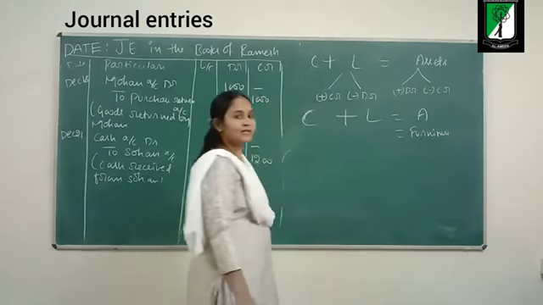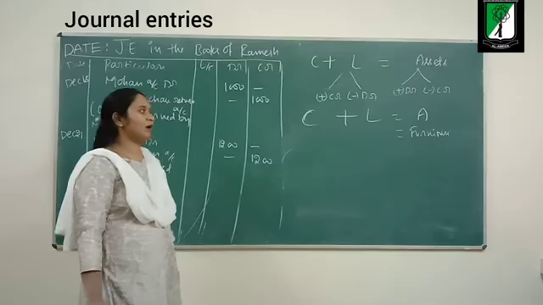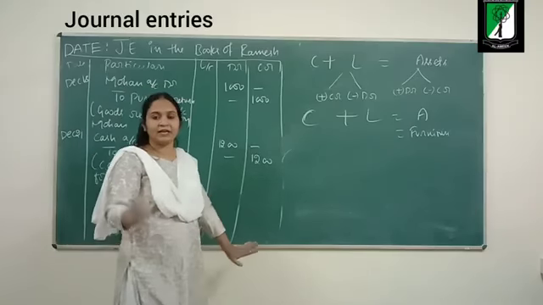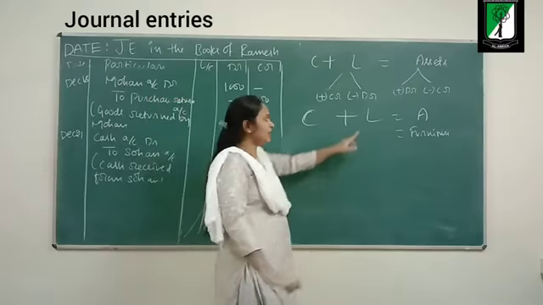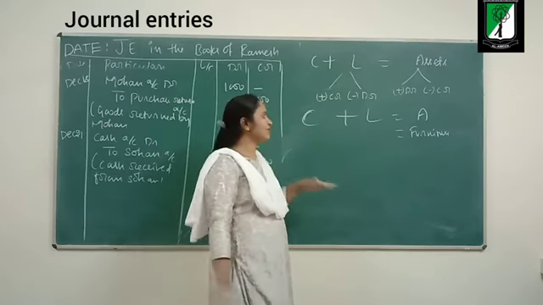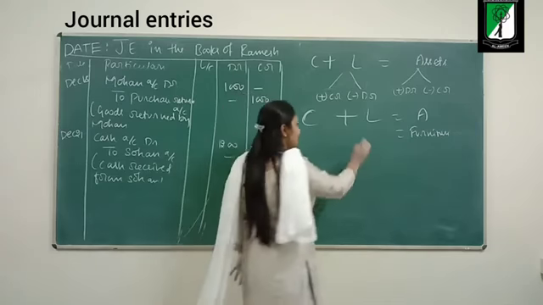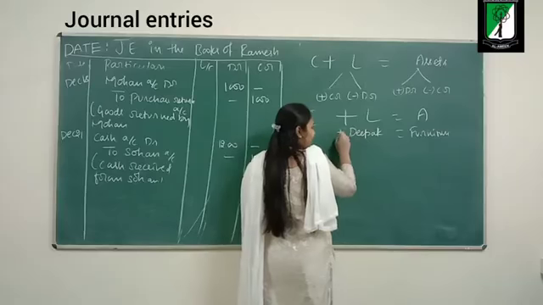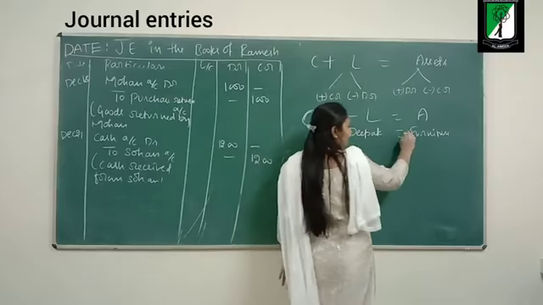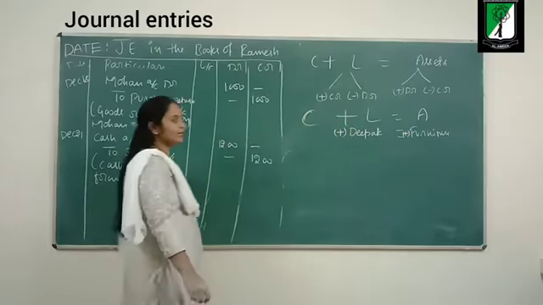No information related to cash has been mentioned. That means what type of purchase is this? Credit purchase. And this has resulted in the creation of a liability. The liability is increasing and the value of assets is also increasing.